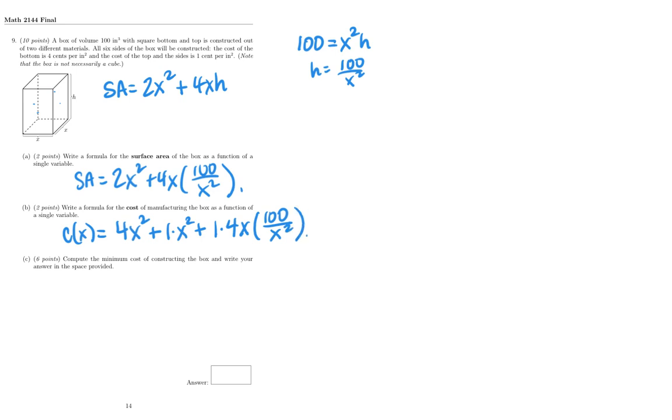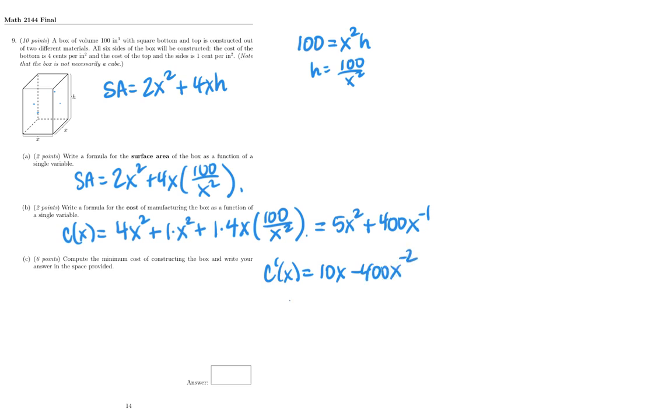Okay. Then it says compute the minimum cost of constructing the box and write your answer in the space provided. So I'm going to simplify this, and I'll get 5x squared plus 400 x to the minus 1. And so c prime of x is equal to 10x minus 400 x to the minus 2.